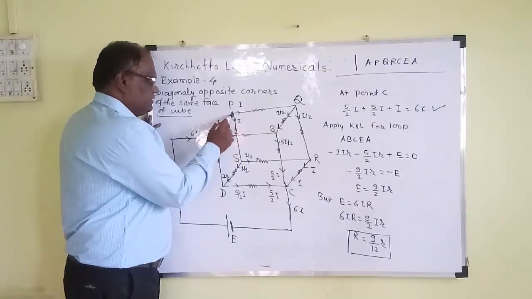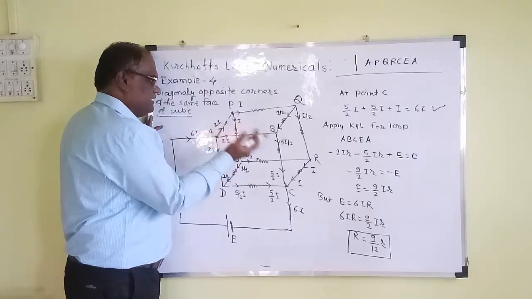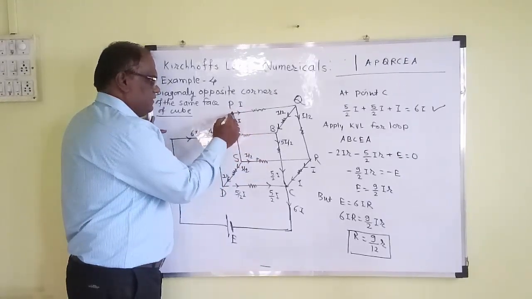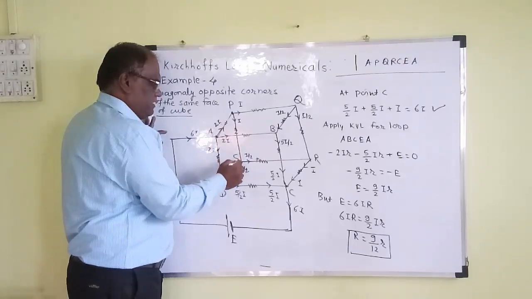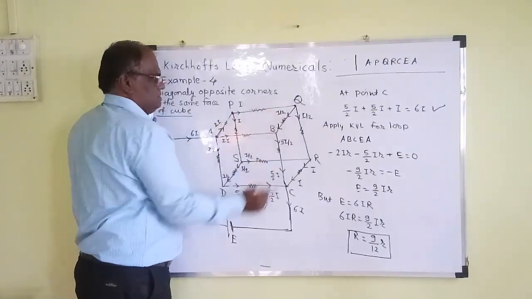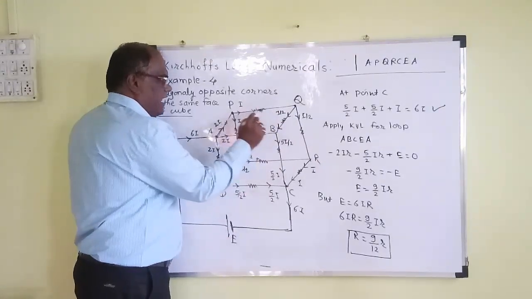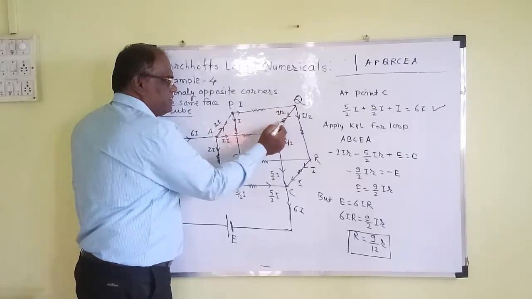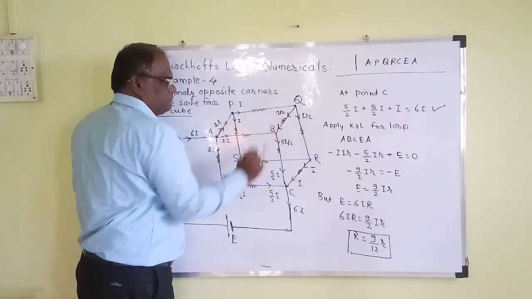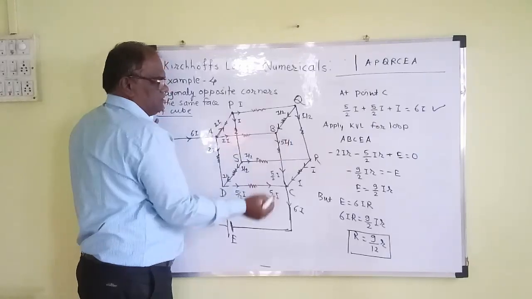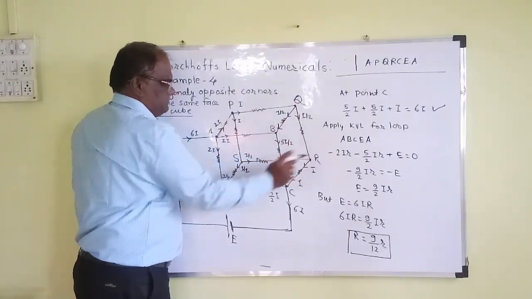At this point, 2I is equally divided into I and I. This current flows to the point here. I goes here. At the point Q, I is divided into I by 2 and I by 2. I by 2 comes here and here.